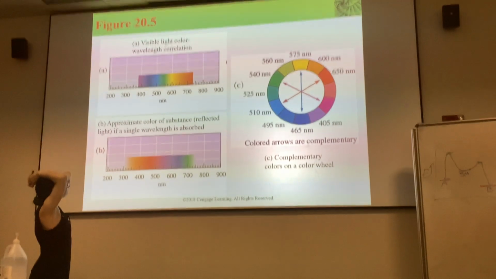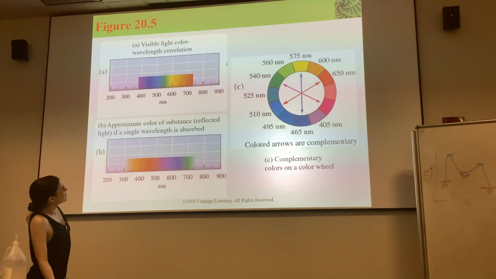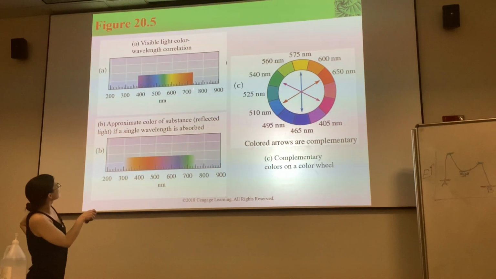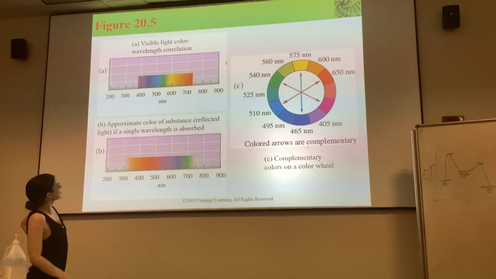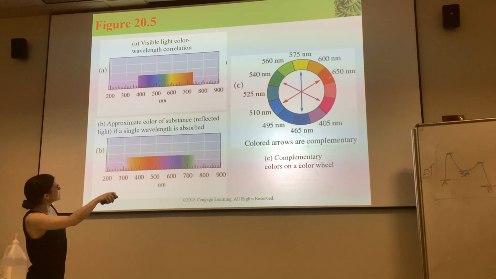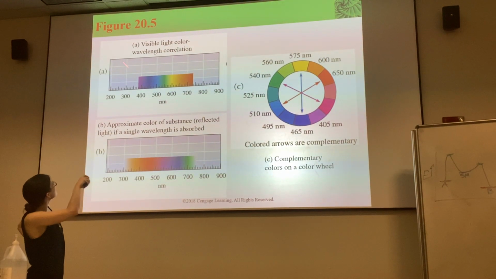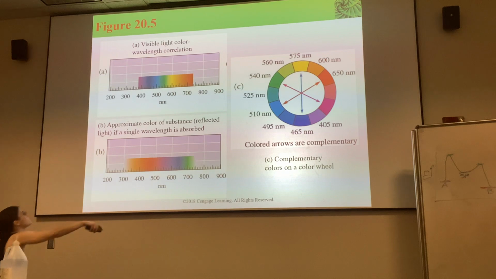I don't think this is accurate, because I'm pretty sure 400 isn't the UV by a bit. But these are the color wavelength correlations.